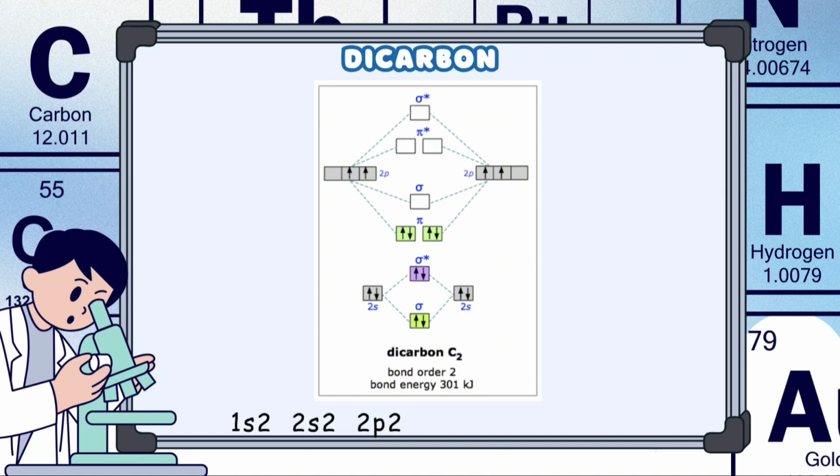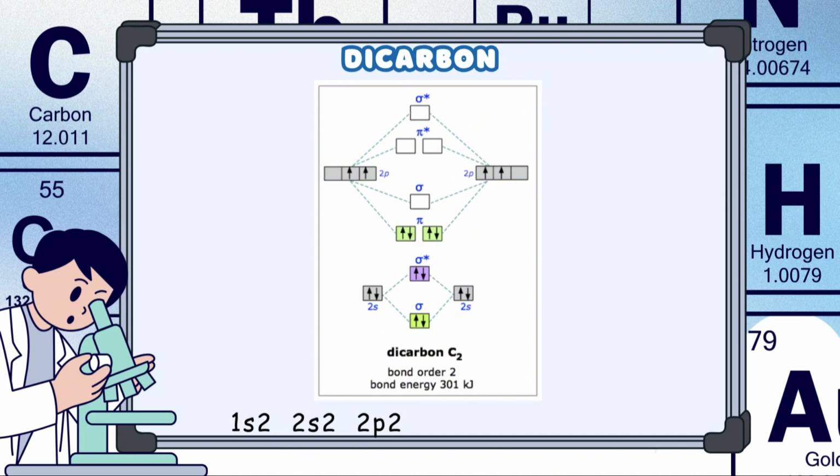Again, we fill it up from the bottom, starting from the bonding area, and we have four electrons given. So we completely filled up the pi orbital of the 2p orbital.